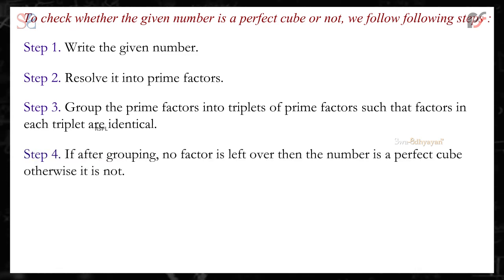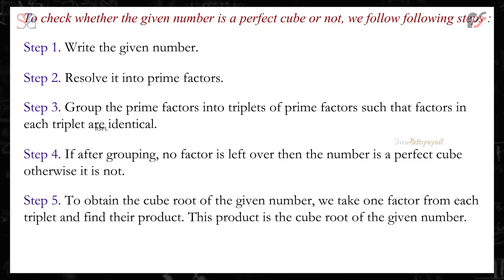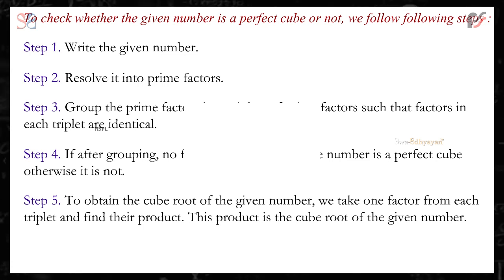Step 4. If after grouping no factor is left over, then the number is a perfect cube. Otherwise, it is not. Step 5. To obtain the cube root of the given number, we take one factor from each triplet and find their product. This product is the cube root of the given number.